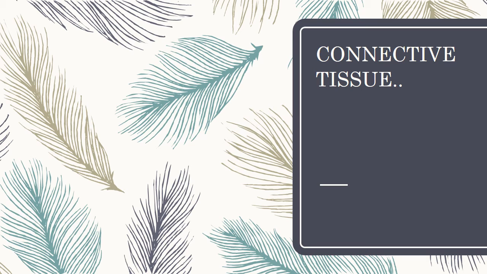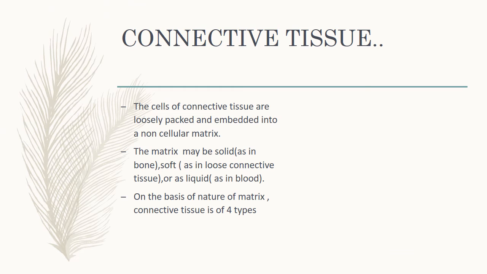Let us go and learn about connective tissue. Connective tissue. The cells of connective tissue are loosely packed and embedded in a intercellular matrix. The matrix may be solid as in bone, soft as in loose connective tissue, or liquid as in blood.